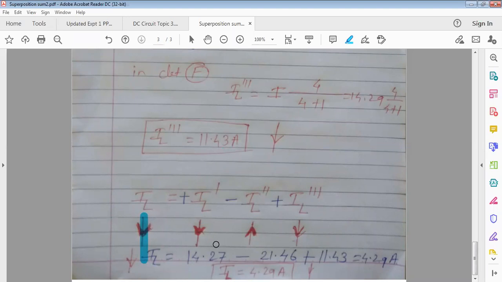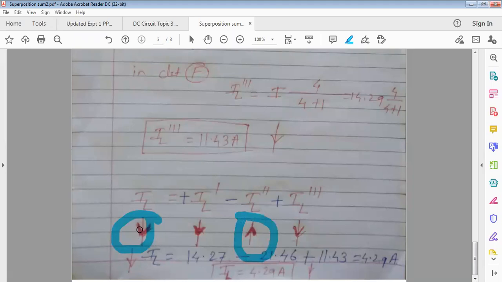Now with reference to this, we calculate IL dash and got the direction downward, and IL triple dash also downward, only IL double dash is upwards. Using this, do the algebraic sum. This one is downward, this one also downward, so IL dash will be positive.